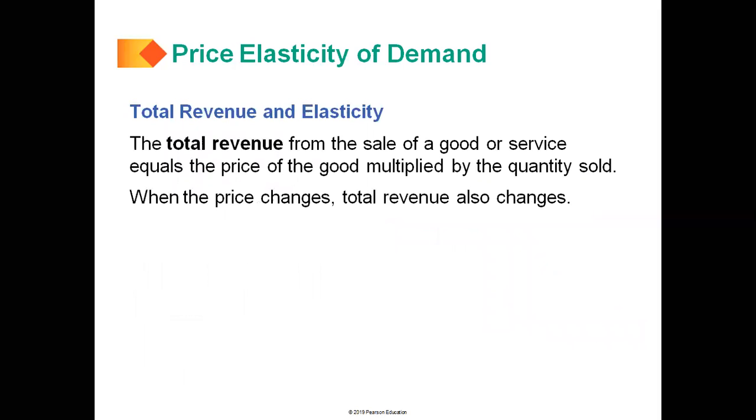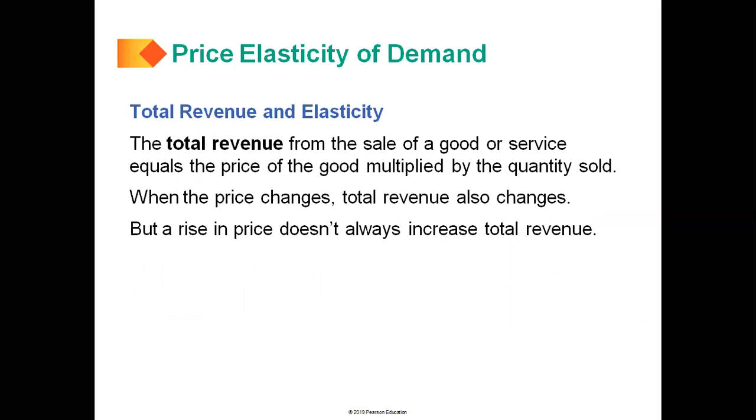Now, this idea is important from some remarks I made earlier. Total revenue is a function of price times quantity, right? So if you want to know what your sales were, all you have to do is say, well, how many did I sell? And what was the price? That's total revenue.